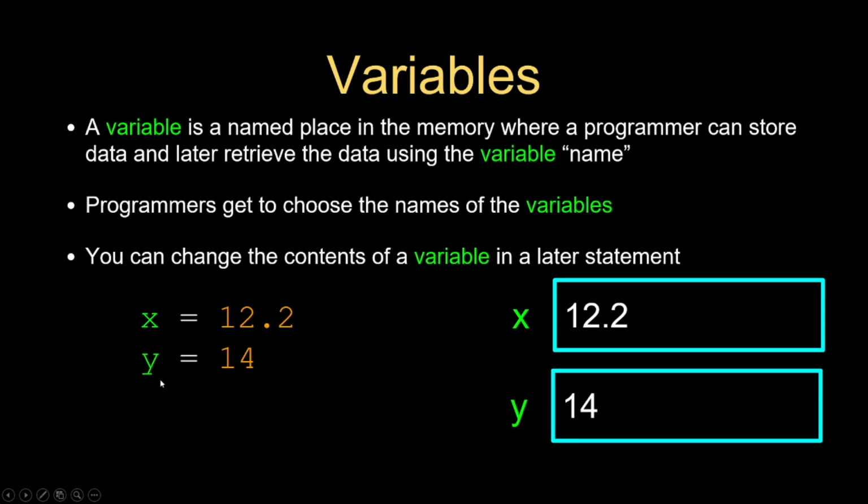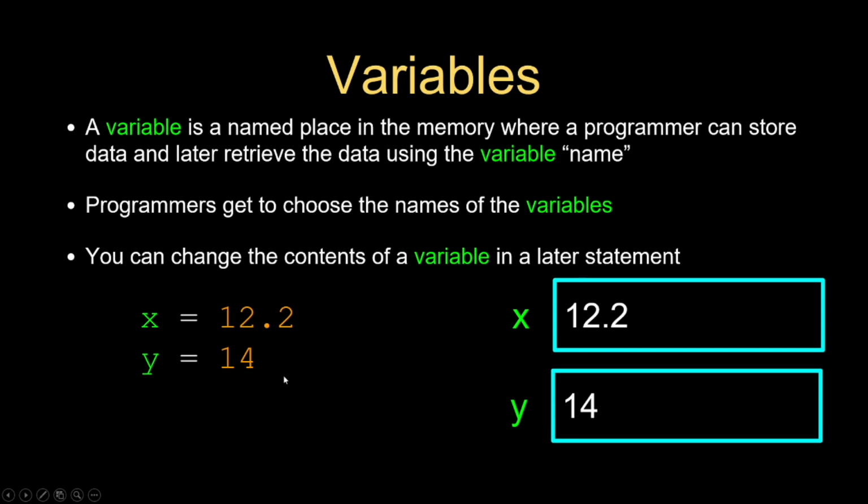So x and y here are the variables that are containers of data, and for now we are dealing with variables that hold a single value. Later, as we progress with our course, we get to see that a variable could actually store multiple data at the same time. So for now, one at a time. So at this point, this is its value.